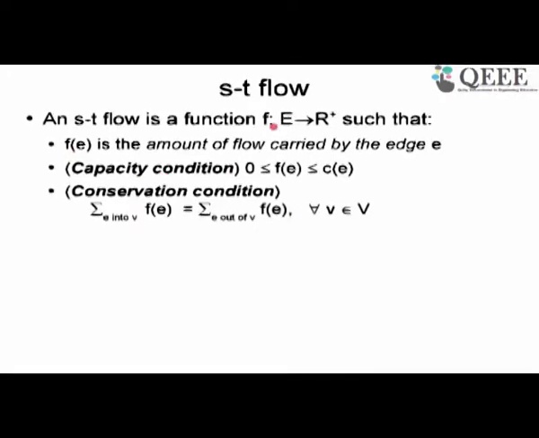So any function f that gives a value to every edge in such a way that it satisfies the capacity condition and the conservation condition is called a flow. In particular, a very trivial flow assigns to every edge the value 0. When I said positive, it can be 0 also.